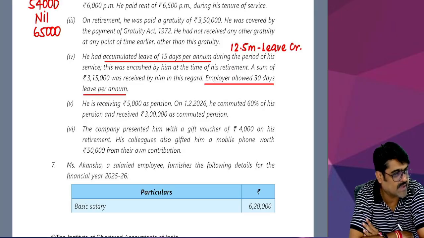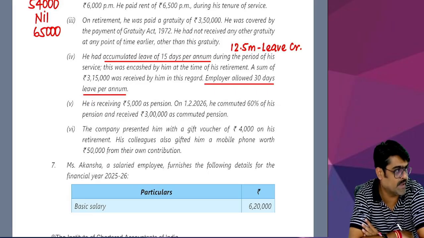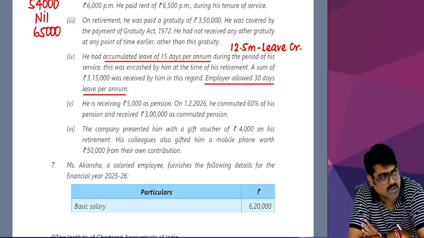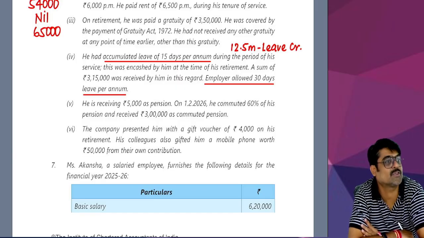What is the date of retirement? 31st December. So in the month of January, he received 5,000 monthly pension. On 1st February and March also, he was supposed to get 5,000. Yes or no?